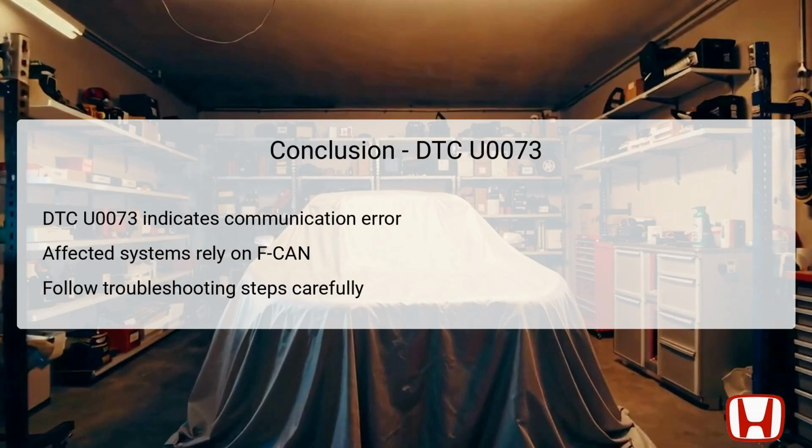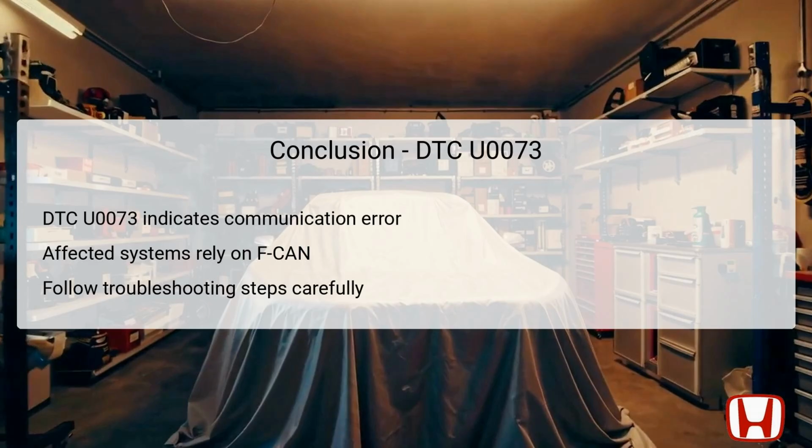In summary, DTC U0073 is a critical code indicating an FCAN communication bus line error within Honda CRV models from 2017 to 2022. Understanding the implications of this error is vital, as it affects various systems reliant on the FCAN architecture.